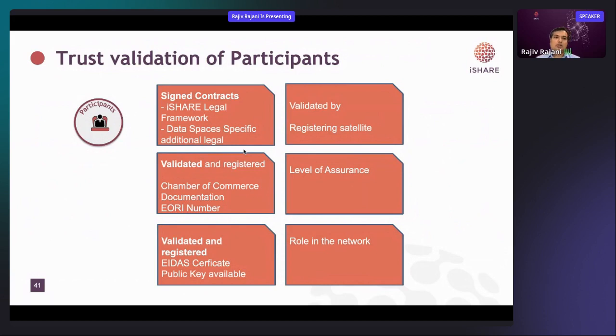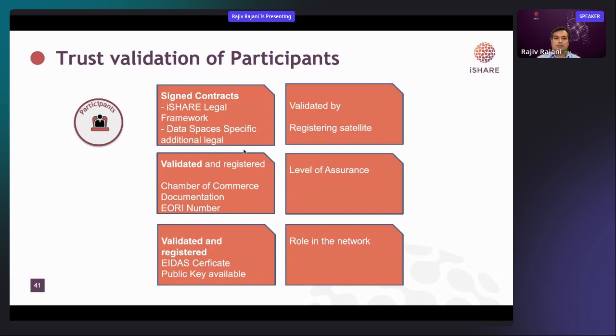Based on this, a certain level of assurance of your organization is determined, which helps other participants to know what level of verification is done for the other participant, and based on that you can determine whether to share certain kinds of data or not, for example.